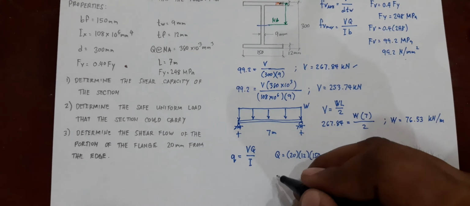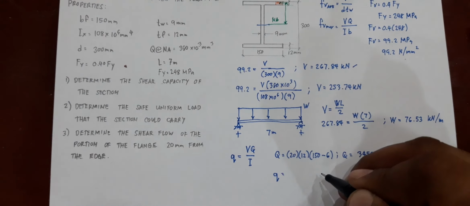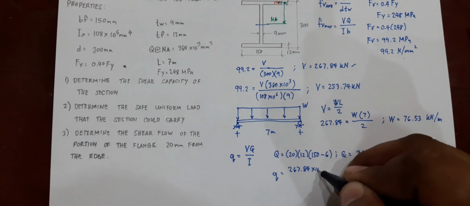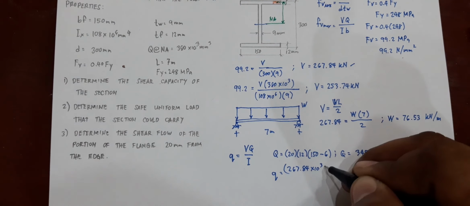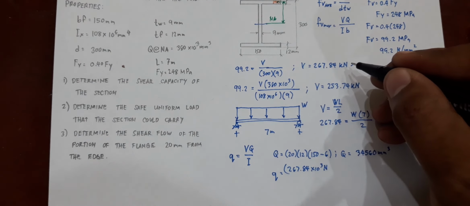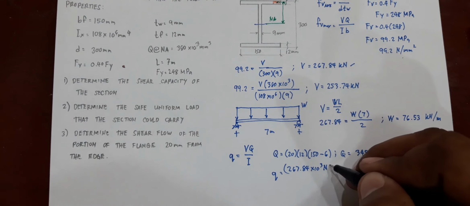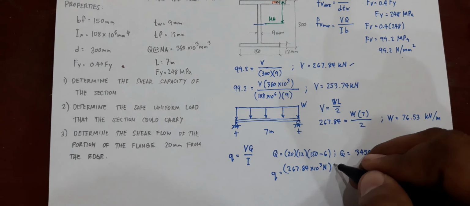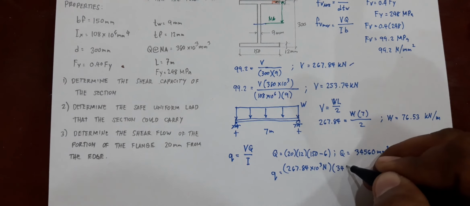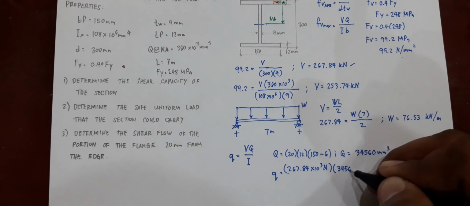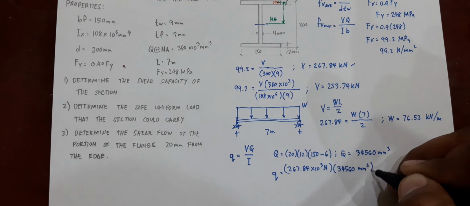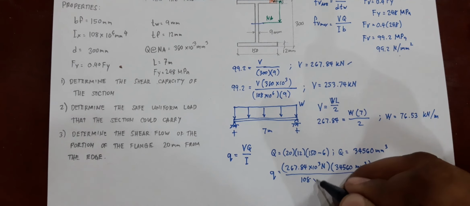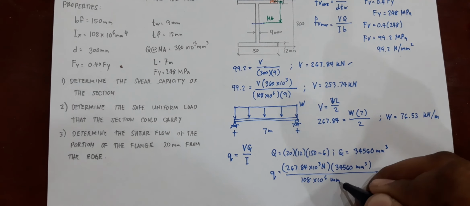Then you can now proceed to your shear flow. Shear flow is equal to 267.84 times 10 raised to the 3, that is in newtons. So you convert kilonewton to newton. Our unit for shear flow would be in newtons and mm. Times 34560 mm cubed, and then your moment of inertia, 108 times 10 raised to the 6 mm to the 4th.